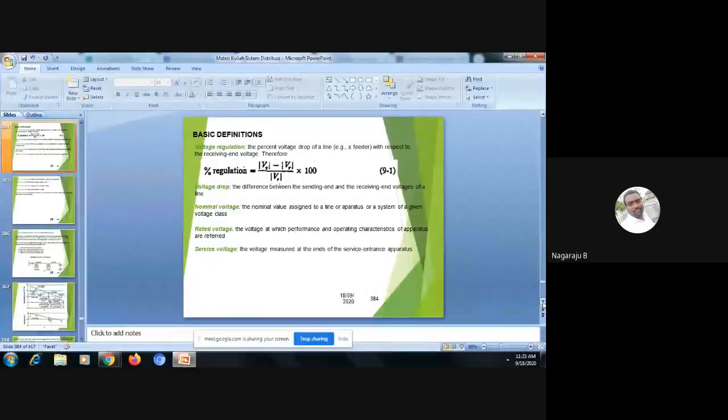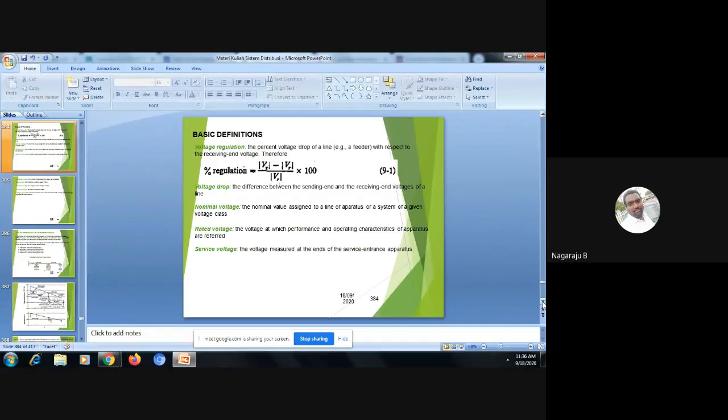Next, nominal voltage. Nominal voltage is the nominal assigned value to the line, apparatus or system of the given voltage class. Okay, rated voltage. Rated voltage is the voltage to which the performance and operating characteristics of the apparatus are referred. When you need to draw the operating characteristics, you need to follow some rated voltage.